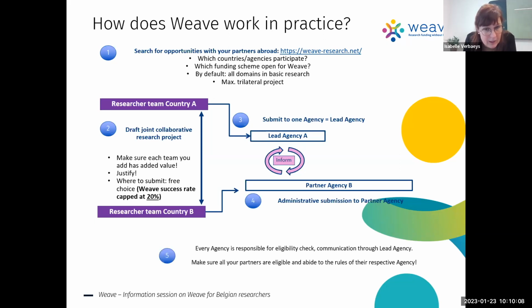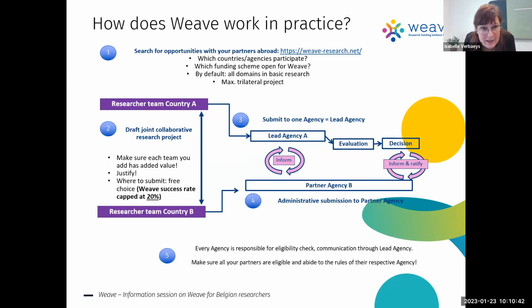So you will see the lead agency is performing the evaluation based on the regulations in place within this lead agency, and it will take a decision. It will inform the partner agency about the funding decision that it took, and the partner agency needs, of course, to ratify that decision based on all the documents that the lead agency will provide to the partner agency.